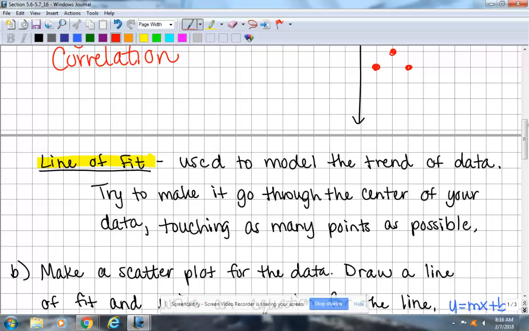Okay? And so when you draw a line of fit, you want it to go through the middle of your data and you want to get it to touch or at least be close to touching as many points as you can.